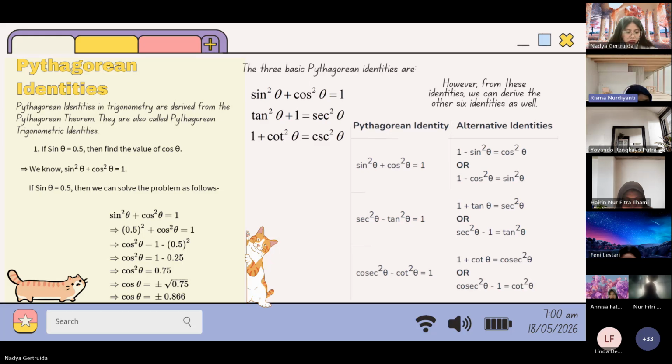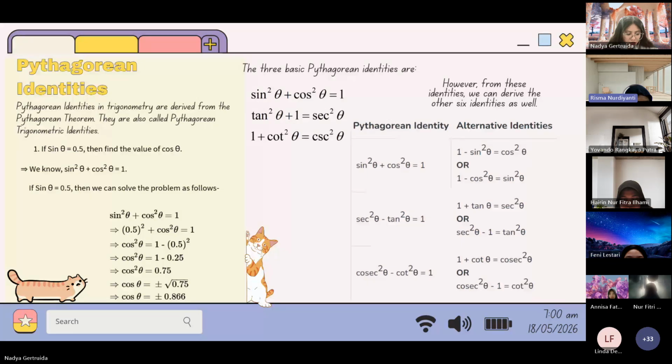From the second identity, tangent square theta plus 1 equals secant square theta, we get secant square theta minus tangent square theta equals 1, or secant square theta minus 1 equals tangent square theta.